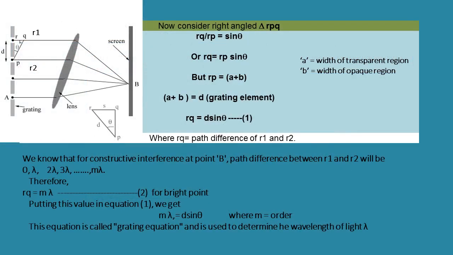Now here consider multiple slits, and I am considering two rays of light R1 and R2 which are coming through two consecutive slits which are at a distance of d. Here d is called the grating element, which is the distance between two consecutive slits and equals the width of the slit or transparent region plus the width of the opaque line.